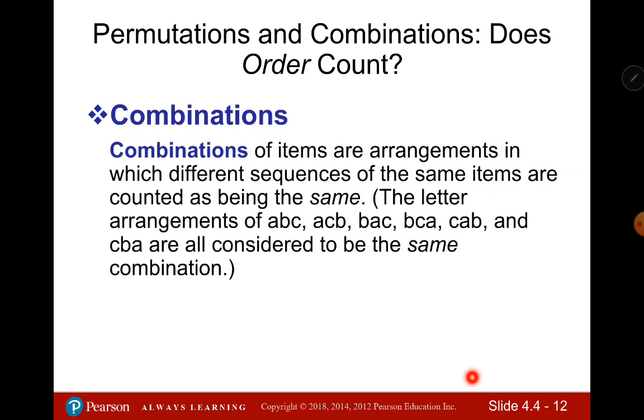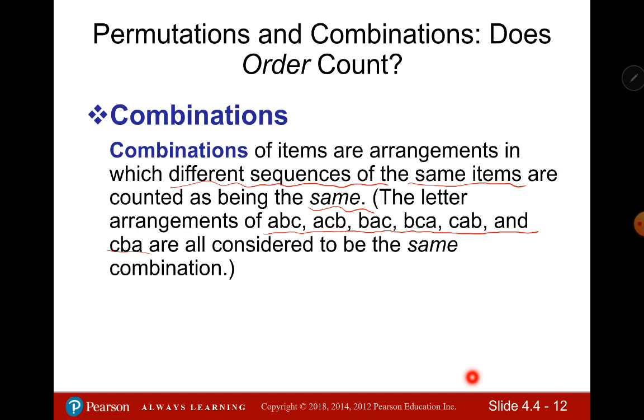We have another one, which is also about arrangement. But in this arrangement, we have the same items, and this time a different sequence is treated as the same, which means A, B, C, A, C, B, B, A, C, all 6 will be treated just the same.